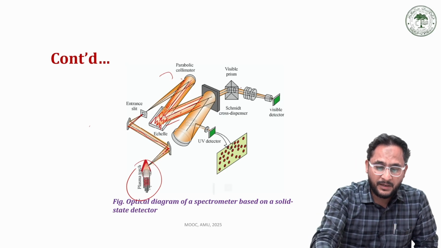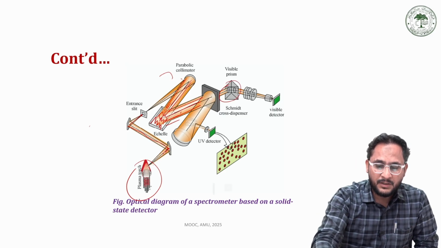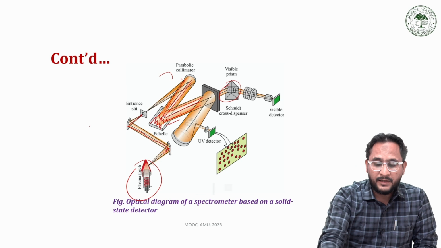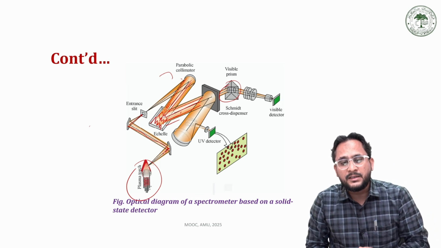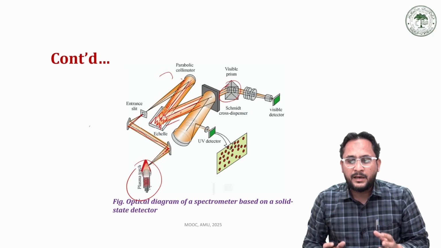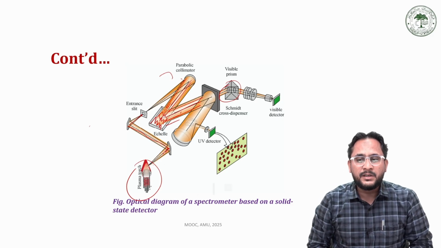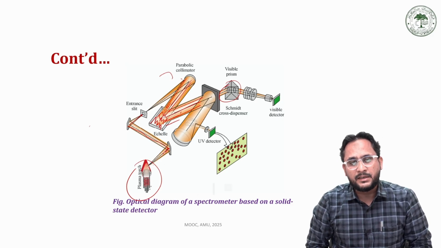Then they again pass through a prism, and finally they are focused upon a detector which is based on a solid state detector, and it has the capability to detect multiple elements at a time.